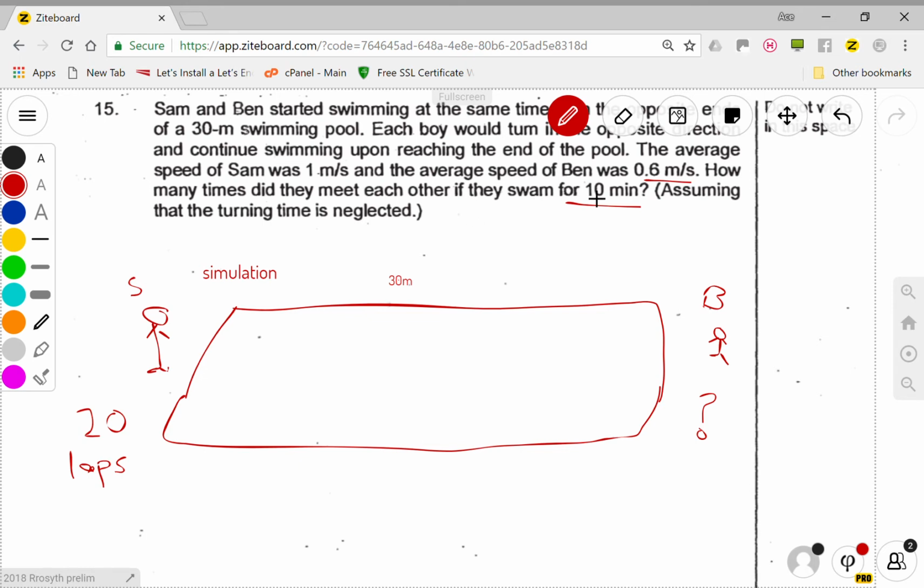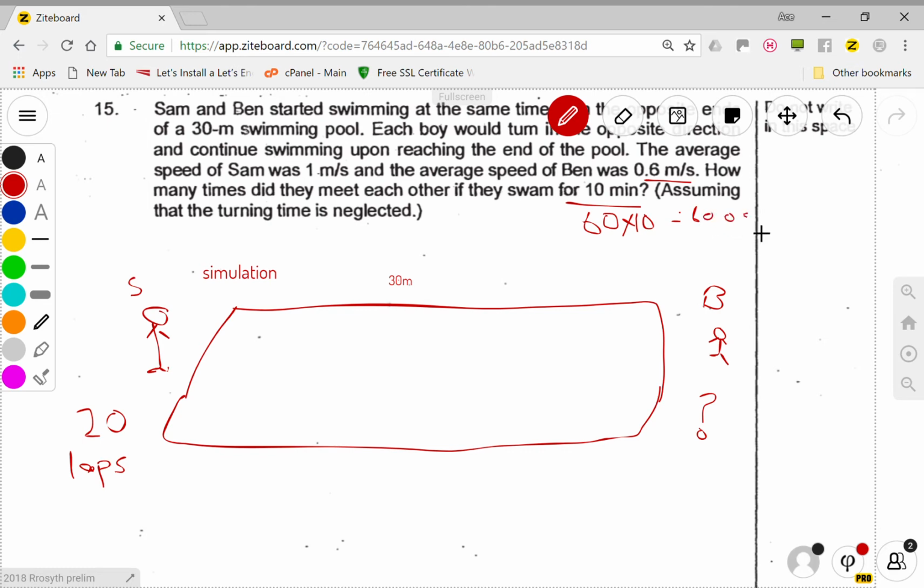Actually, it's the same. The average speed of Ben was 0.6 meter per second. How many seconds are there in 10 minutes? 60 times 10, so 600 seconds.